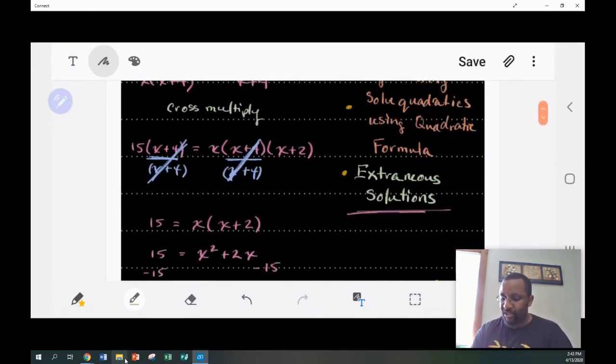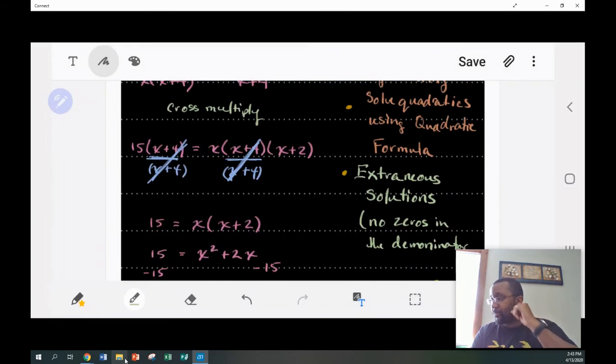If you're going to take notes, you better write this down. It just means no zeros in the denominator. I'm making it simple for you, but it's really about impossible situations.